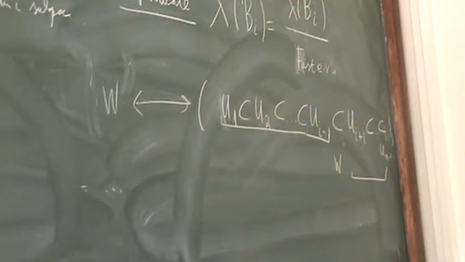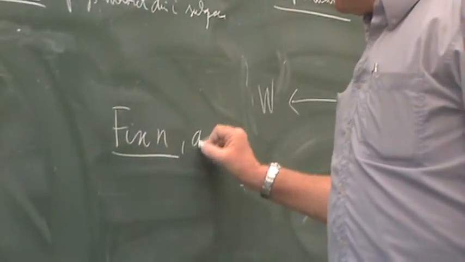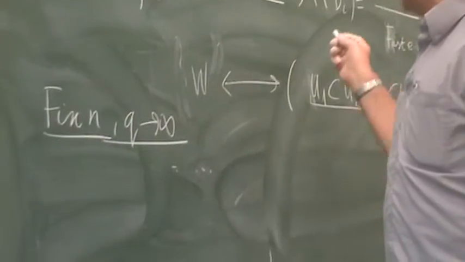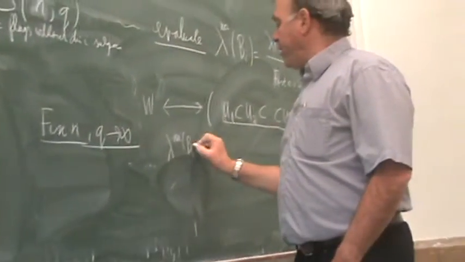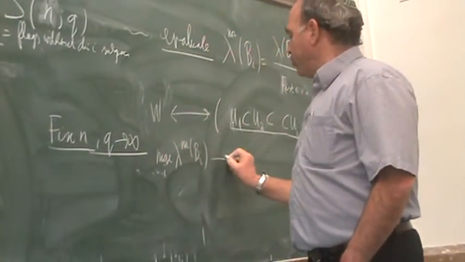I don't know if it's elementary or needs some representation theory, but I think it will be useful to know. If we have good bounds, I will be happy for a bound which will tell that for a fixed n and q going to infinity, this normalized lambda of B_i, for all of them, or if you want the maximum of them, is going to 0.